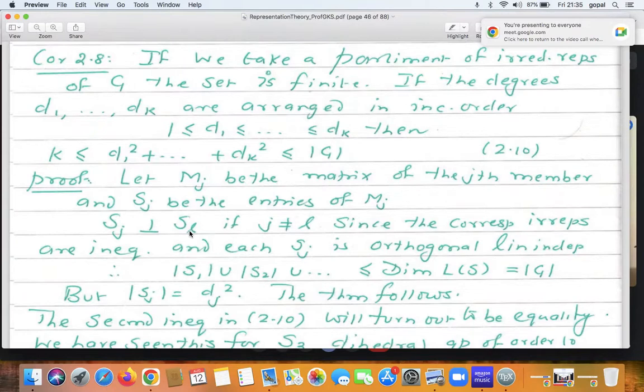So you take S_j and S_l; they are mutually orthogonal sets if j is not equal to l, since the corresponding irreducible representations are inequivalent. And each S_j is orthogonal and linearly independent. So the total number of elements is less than or equal to the dimension of L(G), which is |G|. But the number of elements in S_j is d_j squared. So the theorem follows.